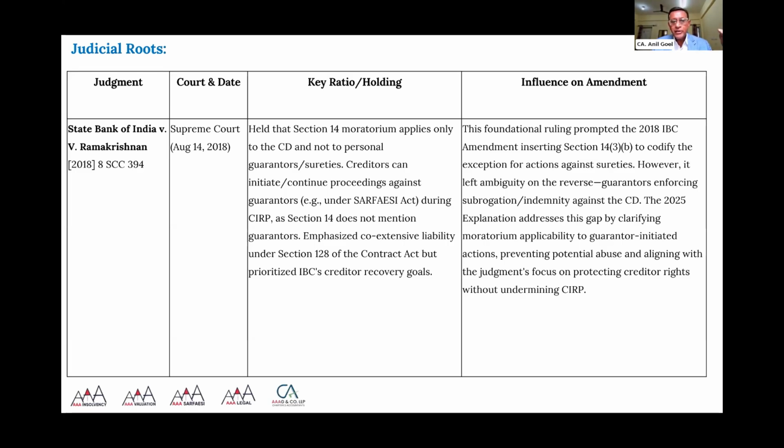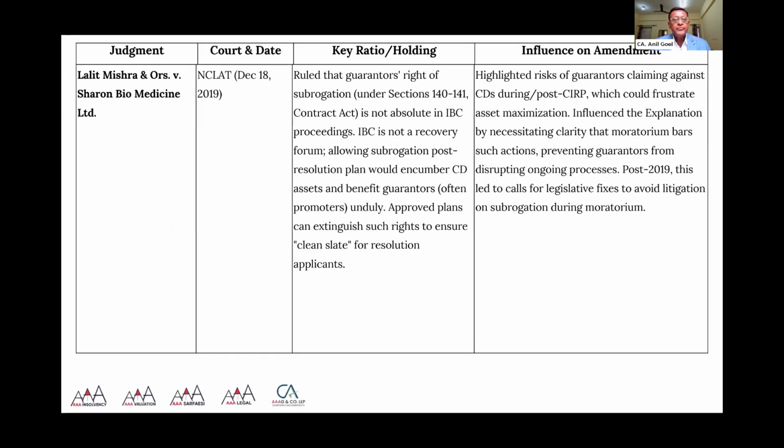So the creditor can initiate and continue proceedings against guarantors under the SARFAESI Act during CIRP, as Section 14 does not mention guarantors. It emphasized co-extensive liability under Section 128 of the Contract Act, but prioritized IBC creditors' recovery goals. Again, in the case of Lalit Mishra, NCLAT ruled on the guarantor's right of subrogation.